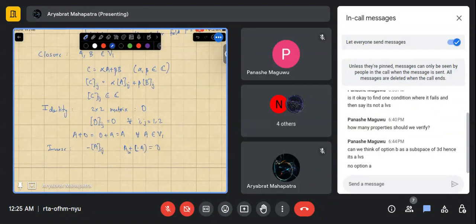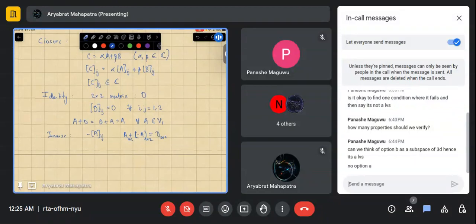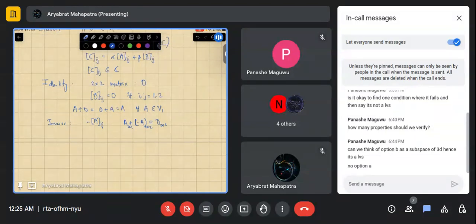So this is 2 by 2. So the null matrix is your identity element. Whenever you operate the element with the inverse element, that will always give you identity. So this is how you check inverse. So you can say this V1 is a vector space.